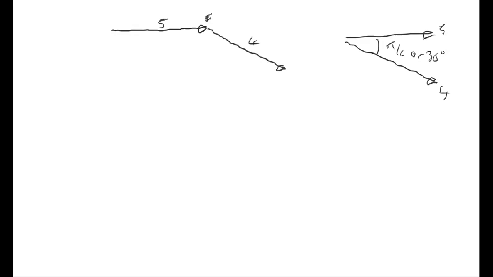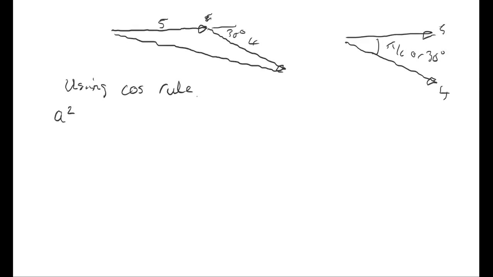And there's our resultant in there. We know that this angle in here is 30 degrees. First of all, using the cosine rule, which is a squared, I'm just doing the standard form.